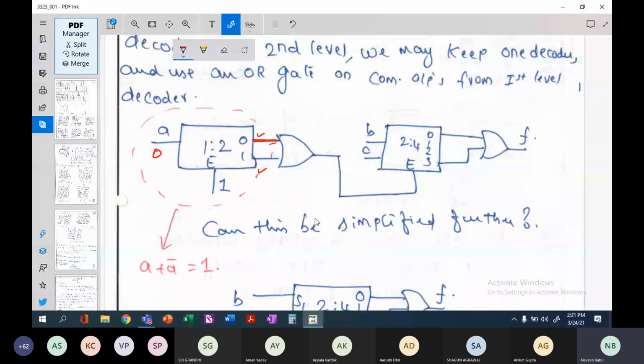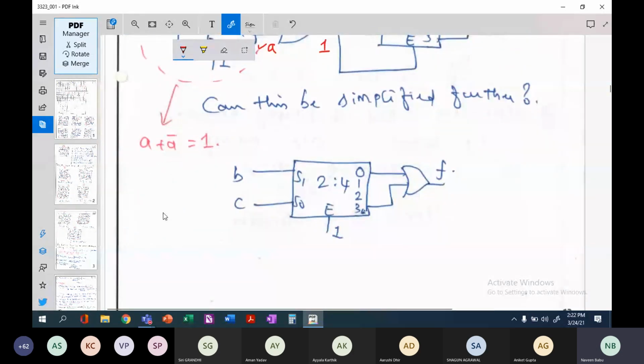Now, can you still further simplify this? Yes, you can simplify this. Why? How? Because we know we are ORing it only, right? This line corresponds to A bar. This line corresponds to A. So if you are ORing this, what is A plus A bar? What will be the output here? This is equal to 1 here. So simply you remove that particular input and give an enable high, always enable high input here.